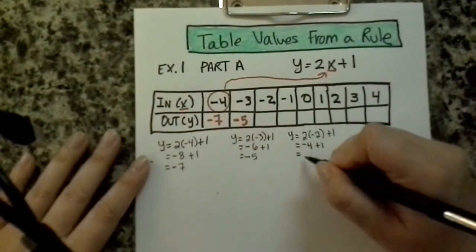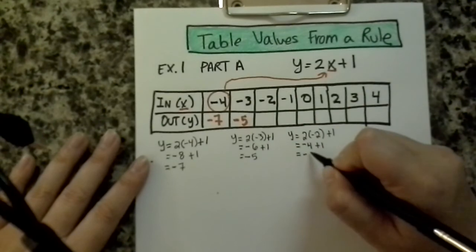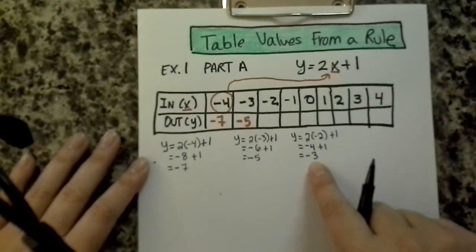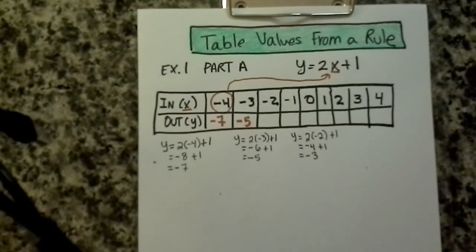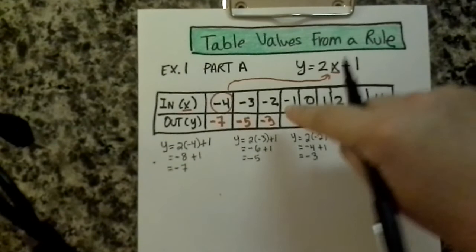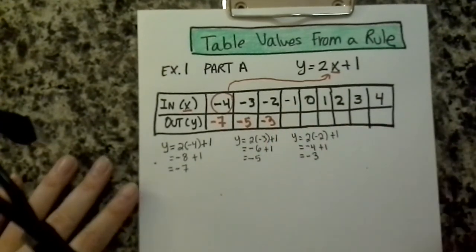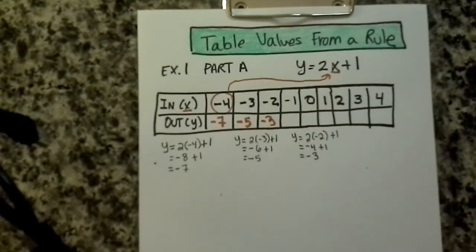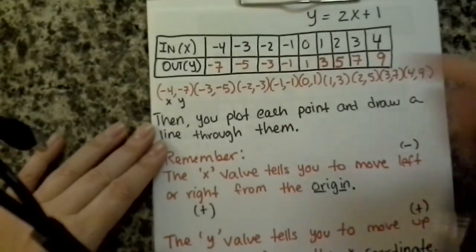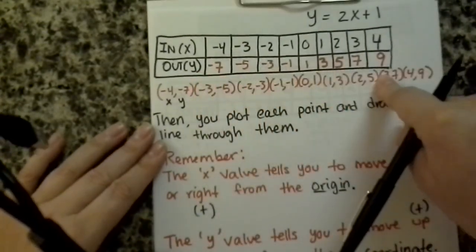So then you have to take the difference and keep the sign of the one you have more of. I have more negatives, so I know my answer is going to be negative. So that means that when x is -2, my answer is a -3. And so on until we get all of these filled out. If you do this, you should have this. I just did these already. So this should be your table if you continue doing these.